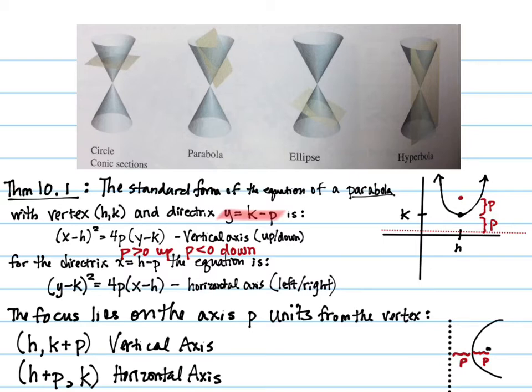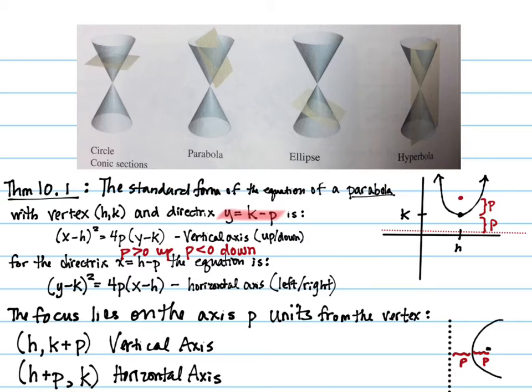Okay, I mentioned that if p is positive and I've got a vertical and it opens up, if p is negative and I've got that vertical and it opens down, what do you think would happen if p is positive and I've got a horizontal axis like this last picture I drew? Do you think it would open to the right or to the left? Right, and it does. It happens just like we would expect.